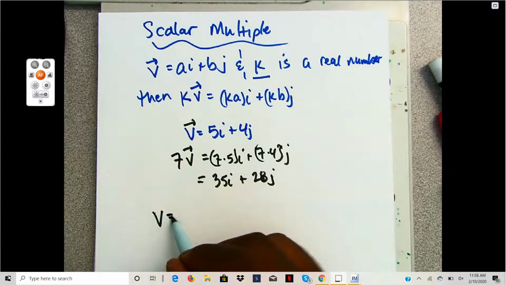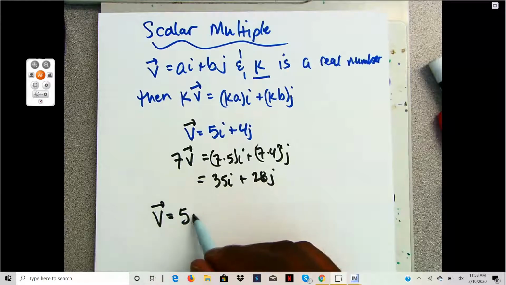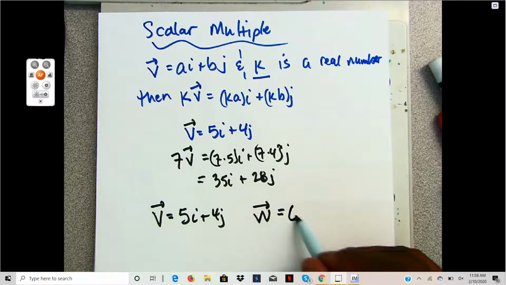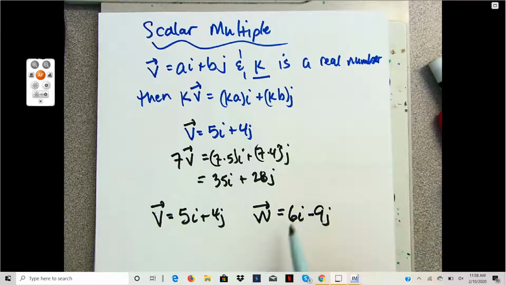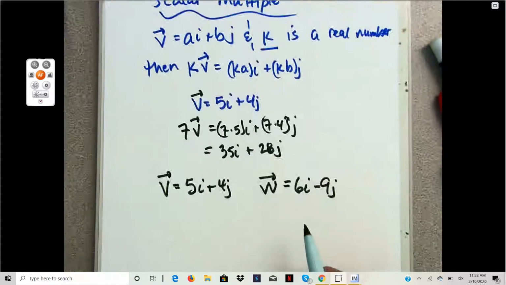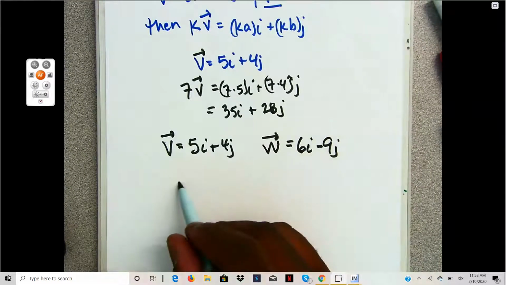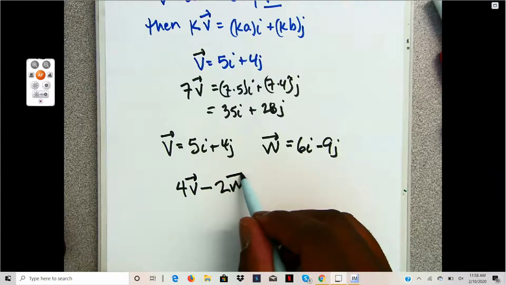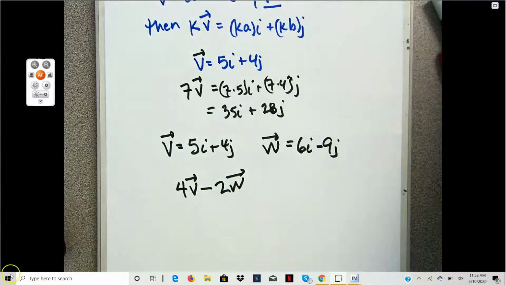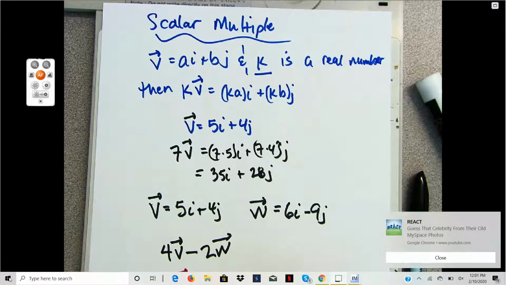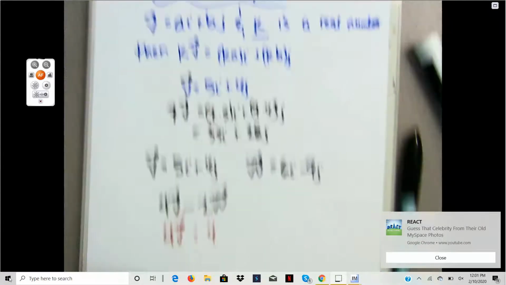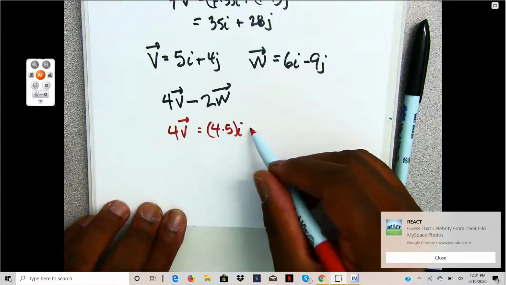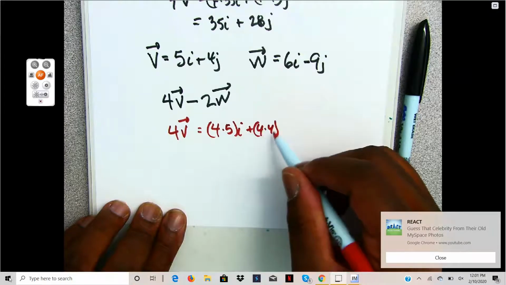Vector v is 5i plus 4j, and vector w is equal to 6i minus 9j. So, ladies and gentlemen, what is 4v minus 2w? 4 times the vector v is 4 times 5i plus 4 times 4j.